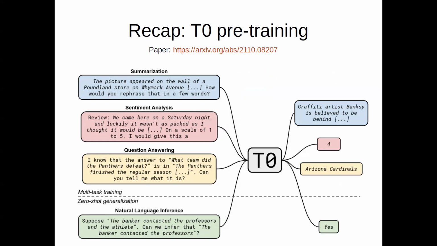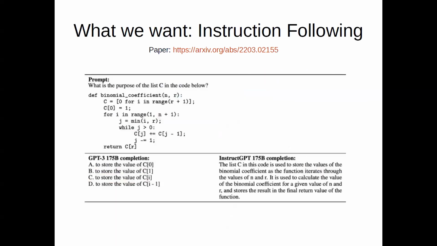So the first model that was supposed to perform multiple tasks was T0. As you remember, it was trained on different tasks. But the real chat models that we're using now, ChatGPT, started with so-called instruction following.